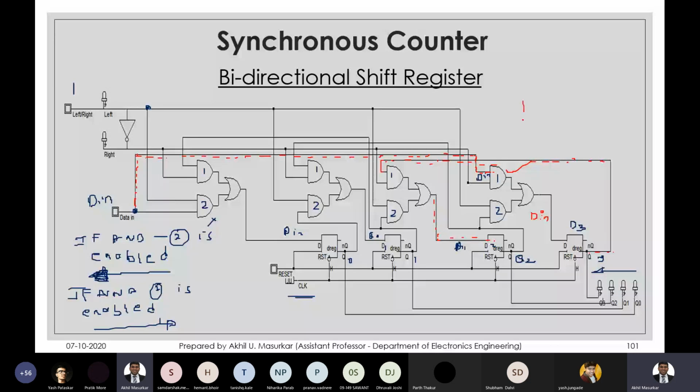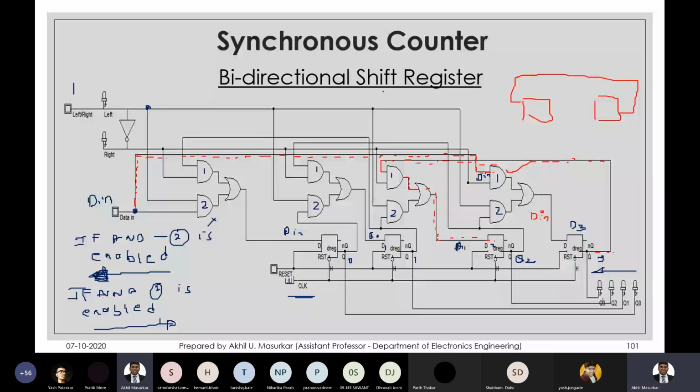We had two flip-flops previously where the output of one was going as input to another. That connection we have achieved through the AND gate. Similarly, for the second flip-flop you can trace the same connection, and that is going to come to D1. So that is how this circuit is.